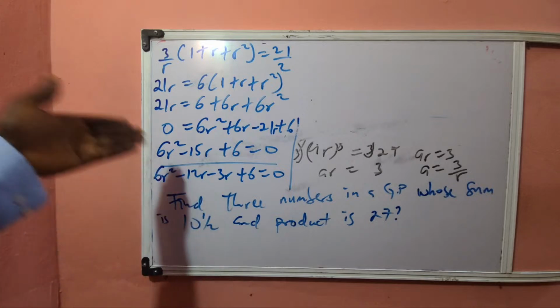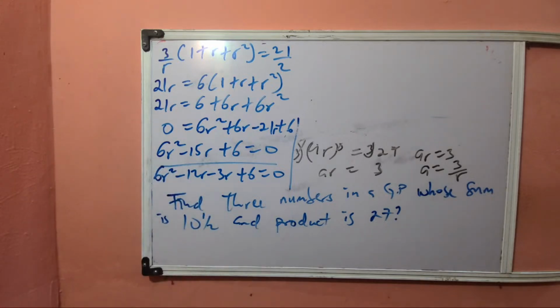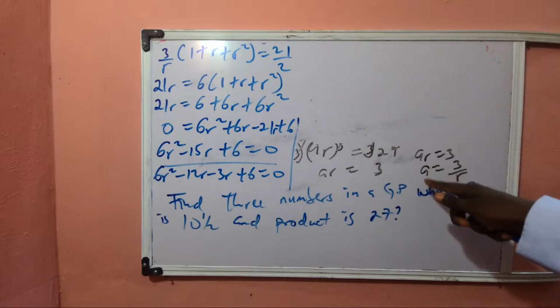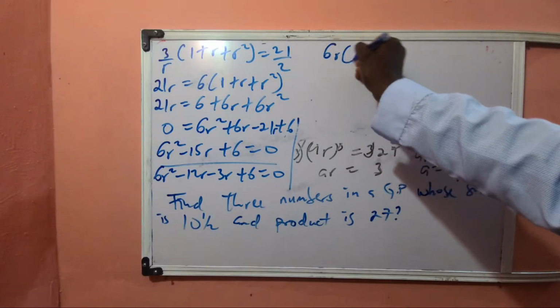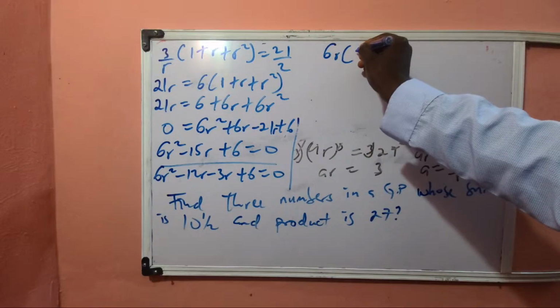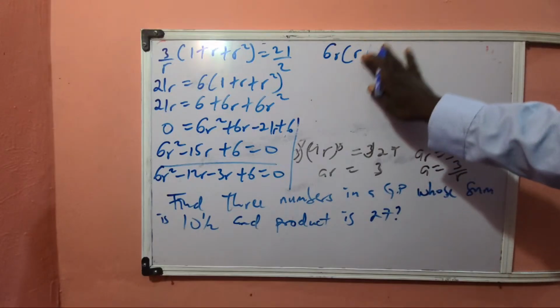I'll be getting R as something and something. And you can see that my A value will be gotten straight up once I'm able to get my R value. So if I try to solve this, I'll see clearly that this will give me 6R into brackets, and I'll be left with R minus 2.